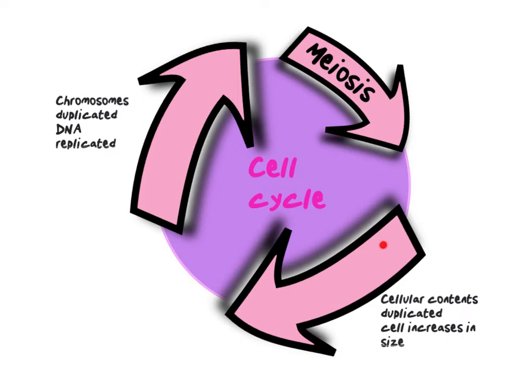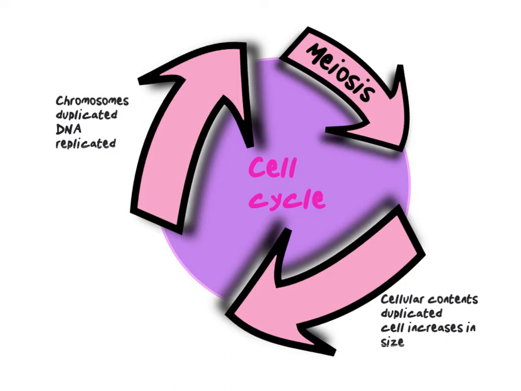So prior to cell division, the cell will increase its cell content, so things like mitochondria are duplicated, ribosomes are increased in number. We also see in this process the chromosomes duplicating. We see DNA replication and these chromosomes duplicating, so that when we move into the actual cell division phase up here in meiosis, we have a large enough cell to split into daughter cells.